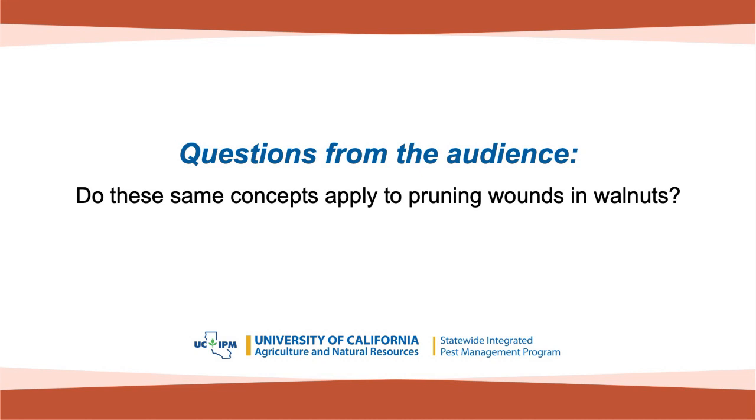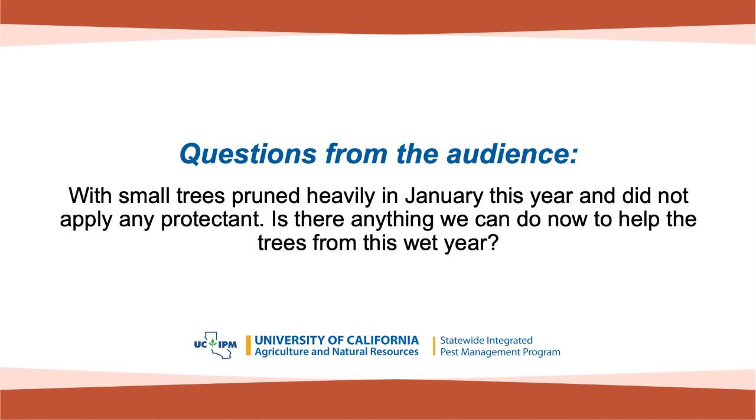Okay, there's another one. Someone said they pruned small trees heavily in January this year and did not apply any protectant. Is there anything they can do now to help the trees in this wet year? Yeah, so the next option, if you're going to fear Phytophthora infections at pruning wounds, is a preventive phosphites application when the trees are fully leafed out in the middle of April.